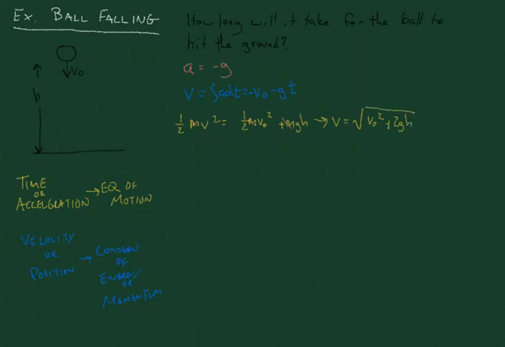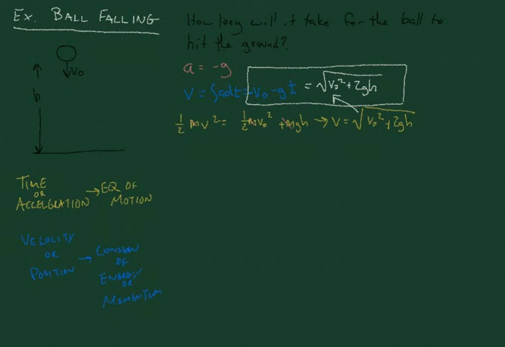Okay, so now we can go back and plug this into our equation before and say that v0 minus gt is equal to the square root of v0 squared plus 2gh. And now we can solve this equation for t. So we'll just bring this term to the other side, and this one over to the left.